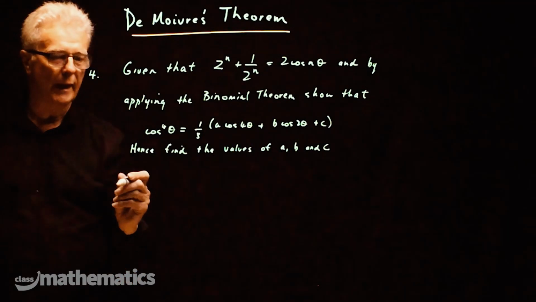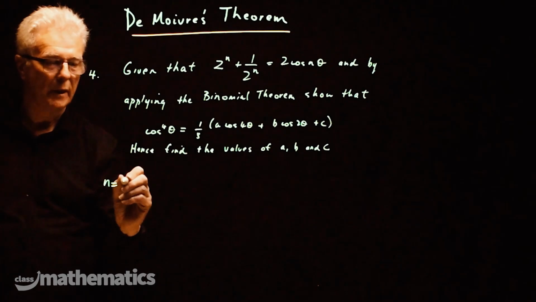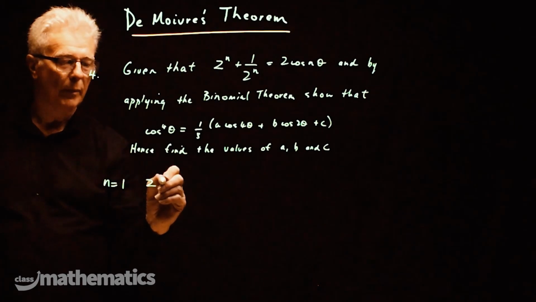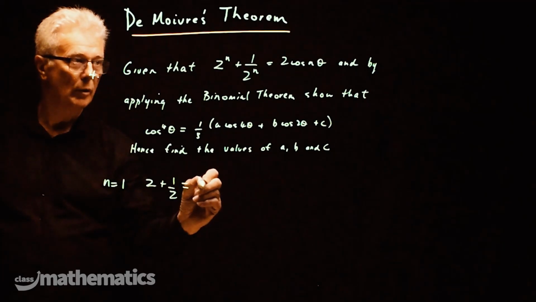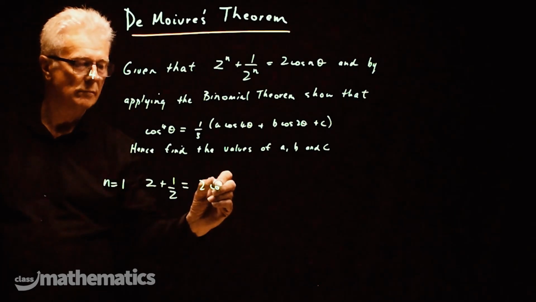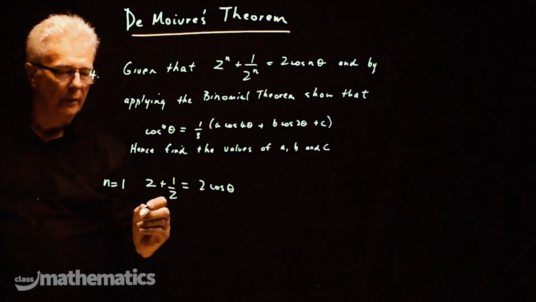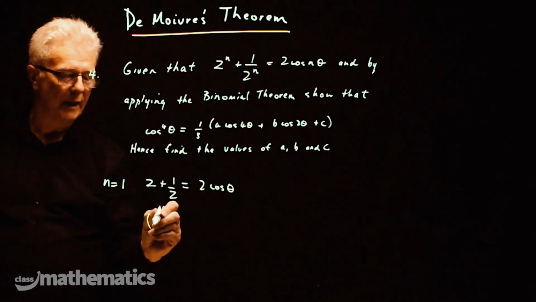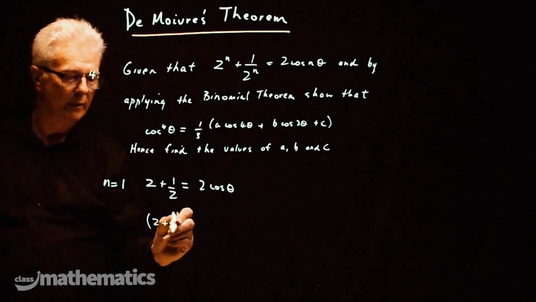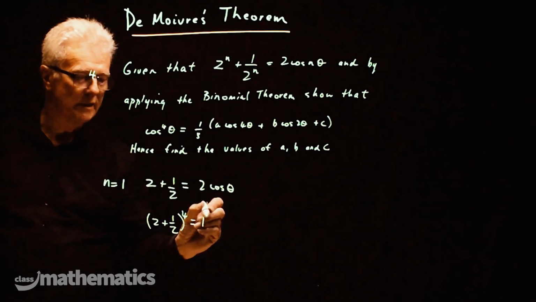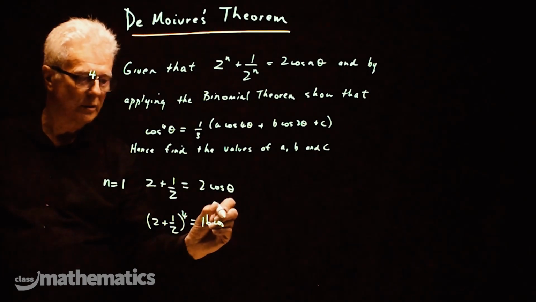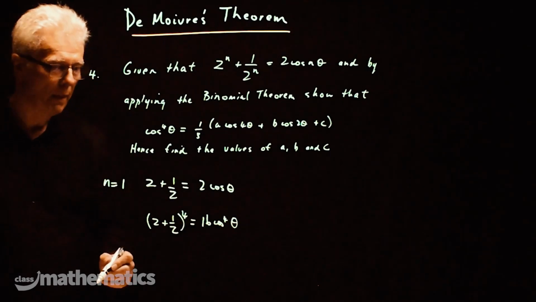First, let n equal 1, and we get z plus 1 on z equals 2 cos theta. Raising this to the power 4, we get z plus 1 on z to the 4th equals 16 cos to the 4th theta.